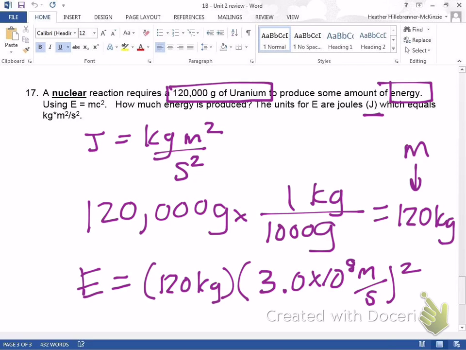All right, so how do we put this in the calculator? You're going to do 120, then open parentheses, 3 EXP 8, close parentheses, and then square that.